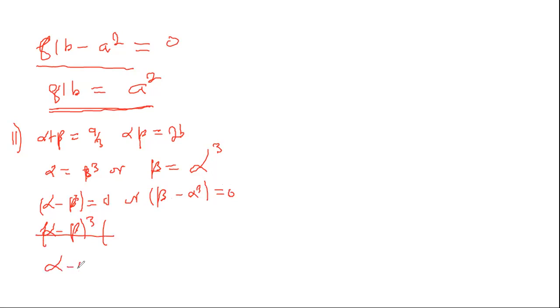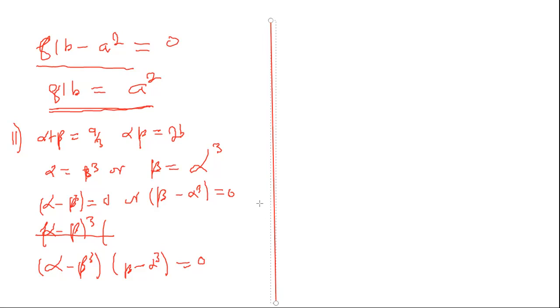Alpha minus, it is the beta which is cubed, then multiply this by beta minus alpha cubed, equate that to 0. Then we get alpha beta.